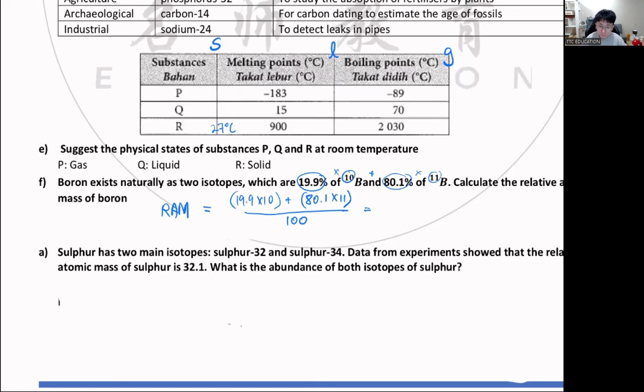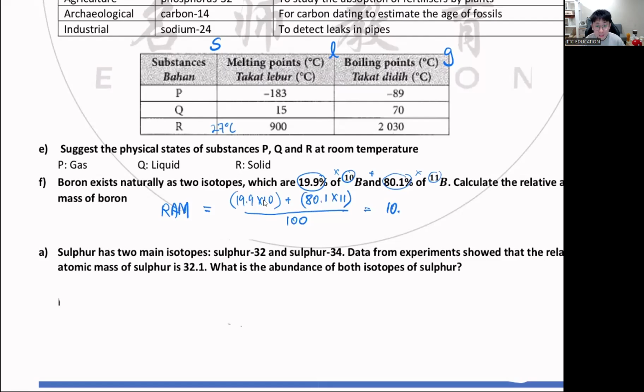So you press the calculator. 80.1 times 11, plus, divide 100. So you get 2.19? How did you get 2.19? You typed wrong. Recalculate.